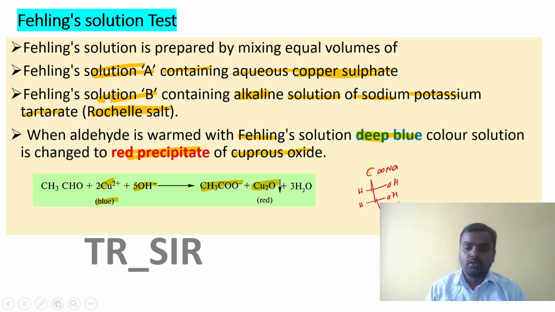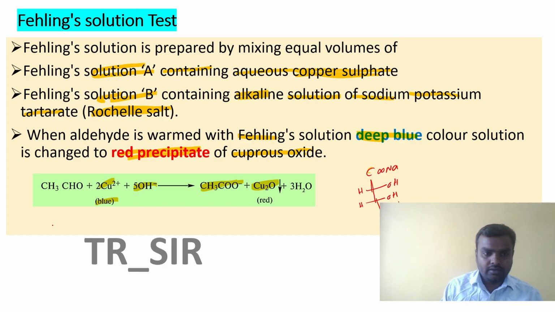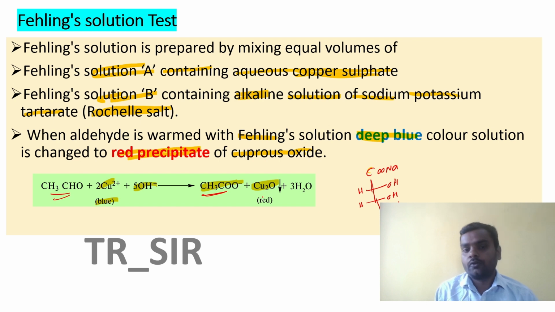So sodium potassium tartrate, that we are calling Rochelle salt. So what happens whenever you take aldehydes here, when you take an aldehyde in the presence of copper 2 plus in alkaline medium, it is converted into an acid, forming the cuprous oxide that is a red precipitate.